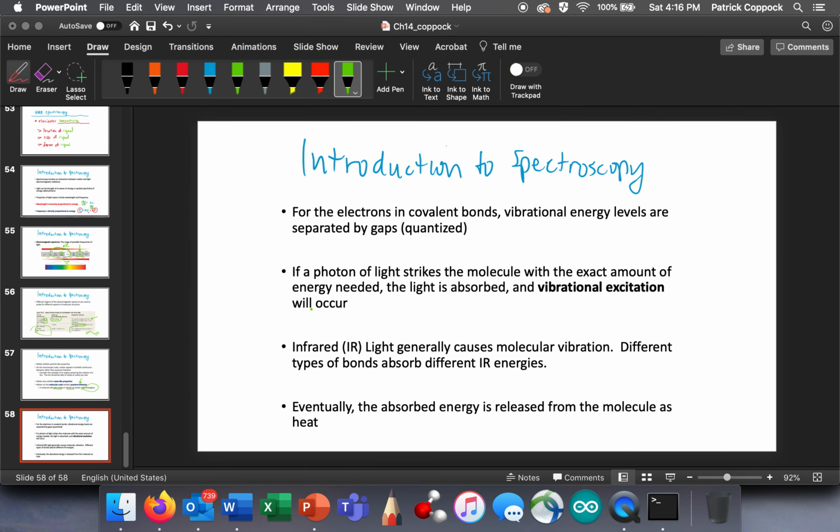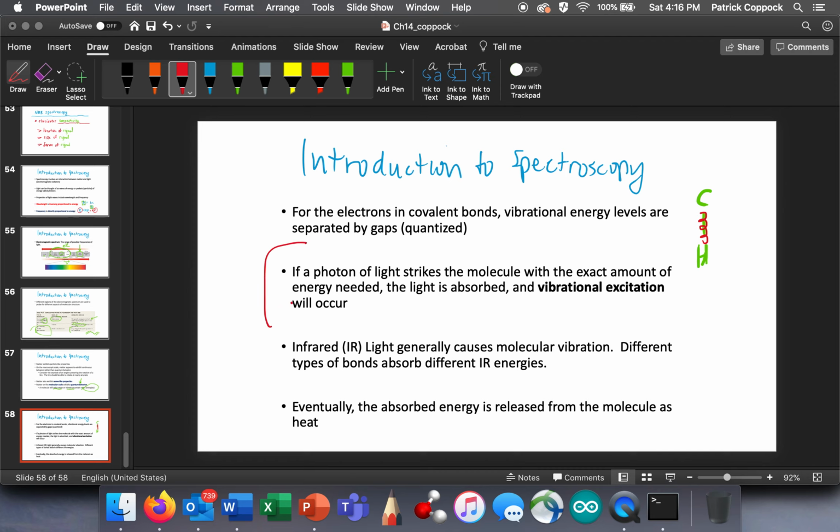Finally, for the electrons in covalent bonds, vibrational energies are separated by gaps. Remember me saying in a previous conversation that you can think of a bond like a spring. That spring can only stretch or vibrate in particular energy levels, and those energy levels are the ones that get absorbed.